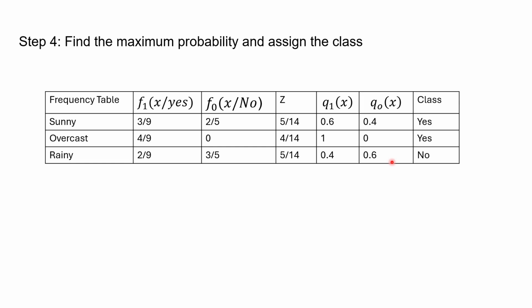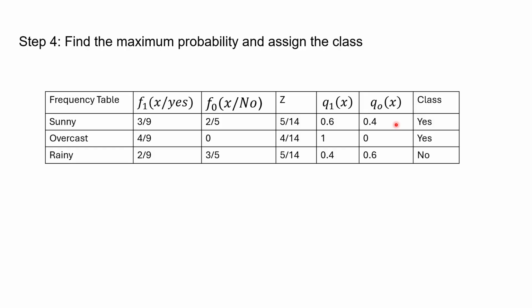Now we shall compare the values of Q1 of x and Q0 of x for the three attributes to determine the class label of the particular attribute. For the sunny class, Q1 of x is 0.6 and Q0 of x is 0.4. So obviously it is understood that Q1 of x is greater than Q0 of x.